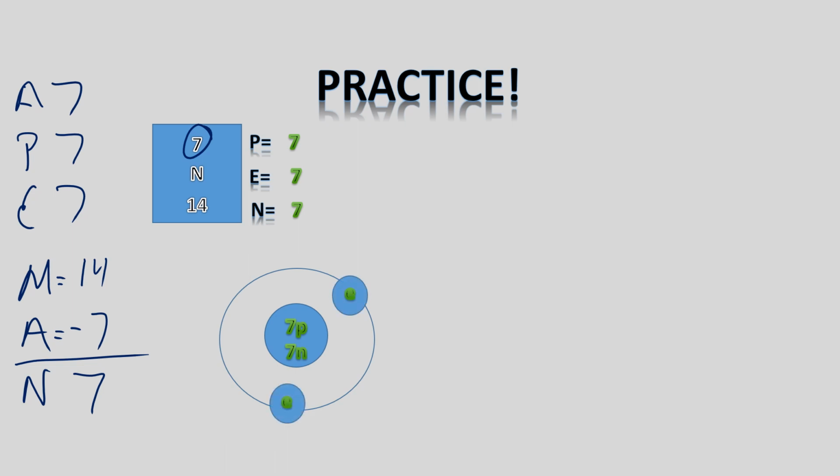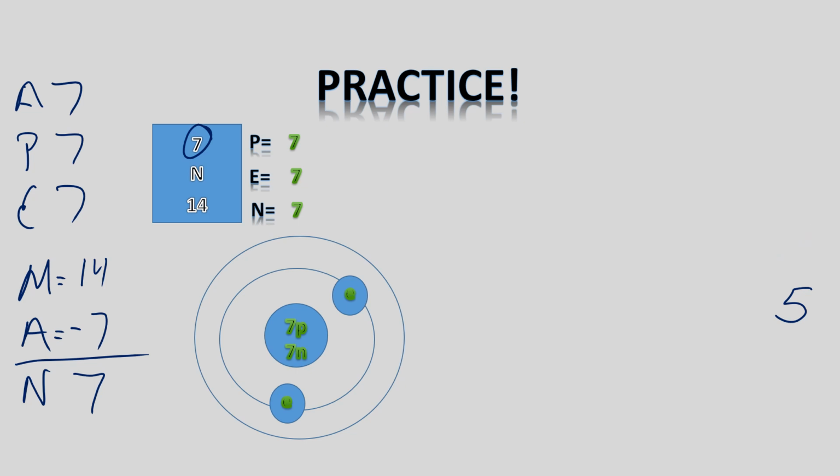I can't put any more in there because the first shell can only hold 2, because there's only 2 elements in the first period. Remember, that's a little rule of thumb. So now I'm going to add a second shell. I know that I've already used 2 of them. If you ever want to do this out to the side as you're making these, start with 7, you've knocked out your first shell, I have 5 left.